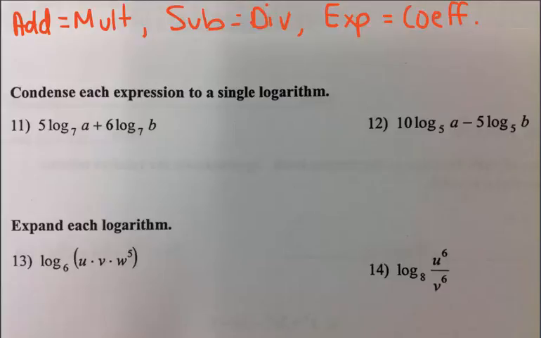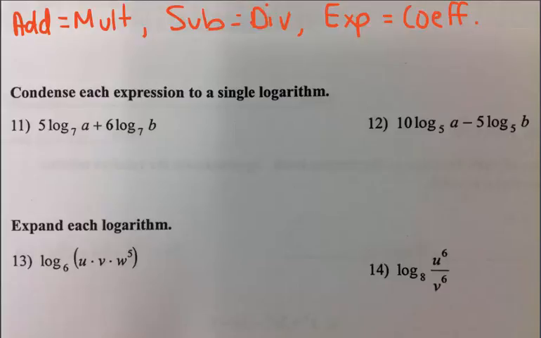If I see anything that's being added, I know that's multiplication, or vice versa. If I see something that's being multiplied, I know to split it up, I got to add them. Subtraction, not substitution, subtraction and division go together, and anytime you see coefficients, they were exponents, and if you see exponents, they got to become coefficients. They got to become the numbers in front.